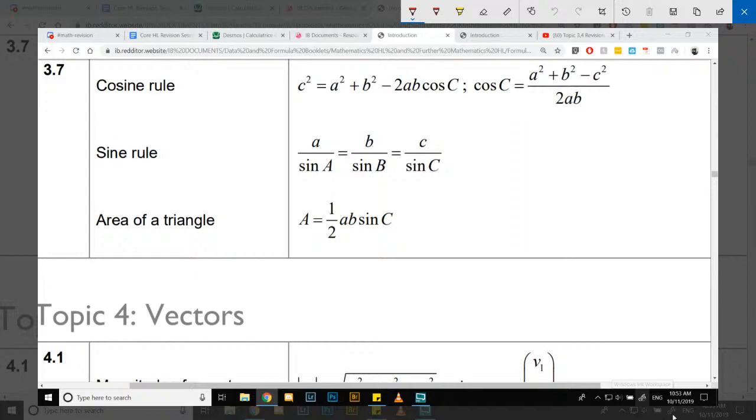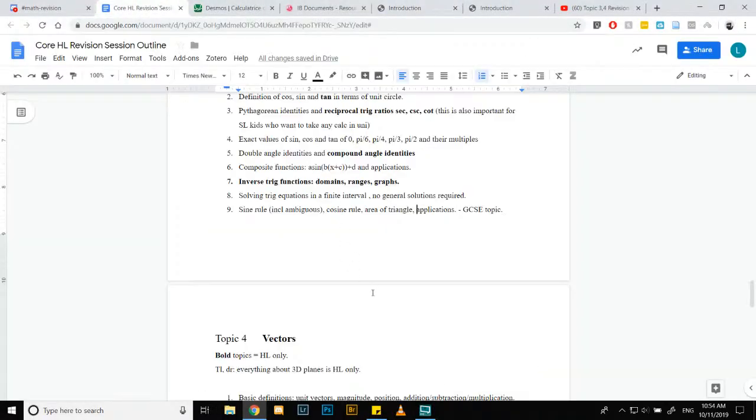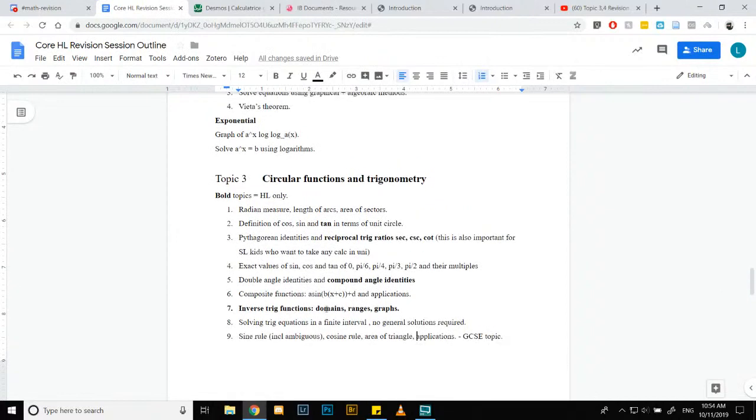If you have a triangle with sides A and B and angle C, you'll be able to calculate the entire area of the triangle using this formula. There's a small understanding of why this occurs down in the vectors topic, which covers the end of the trigonometry and circular functions topic.